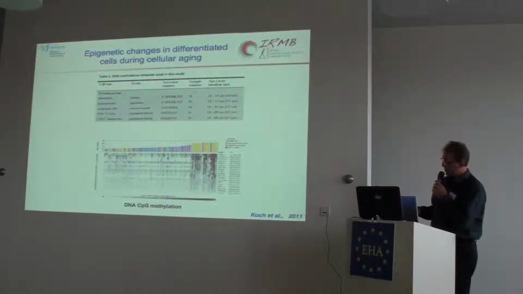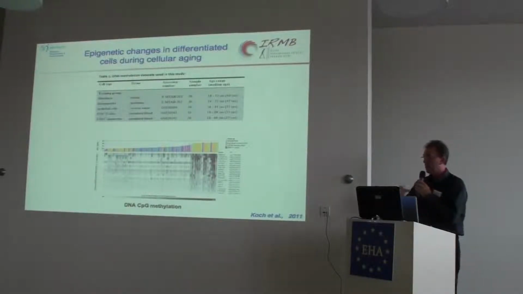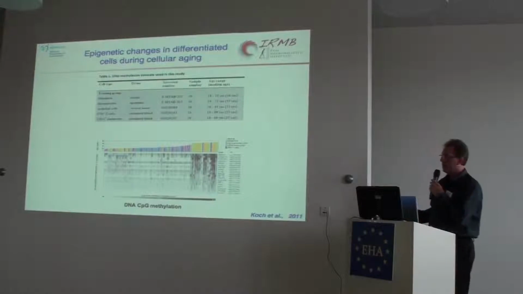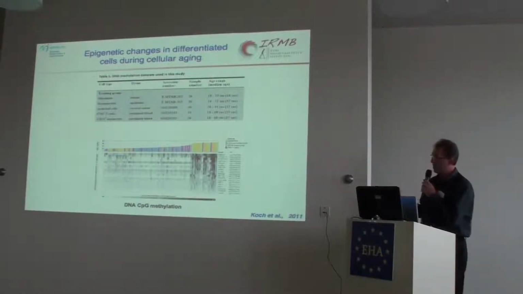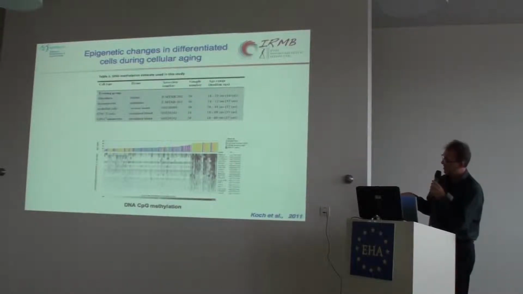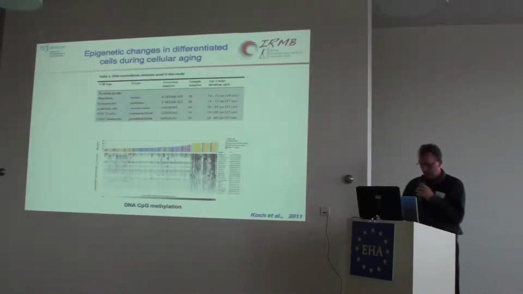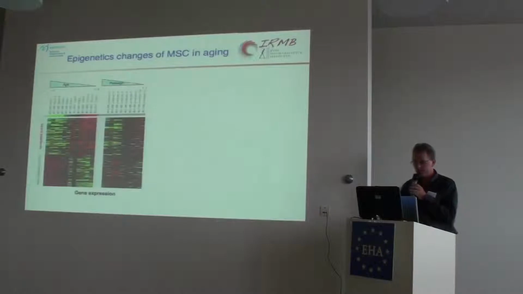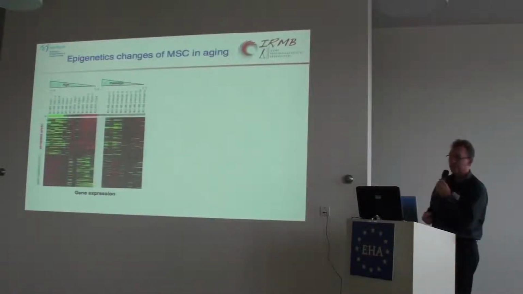Just to remind the previous talk, between proliferating cells and senescent cells, there is some modification of the epigenome when the cell ages, as presented by DNA methylation, and not only in terminally differentiated cells, but also in NSC, as presented by Wolfgang previously.